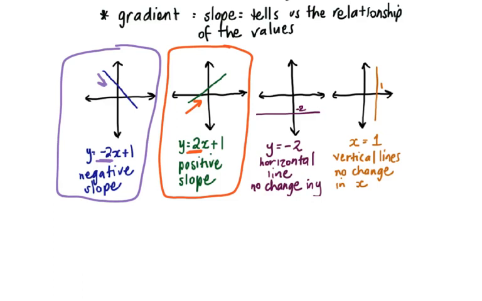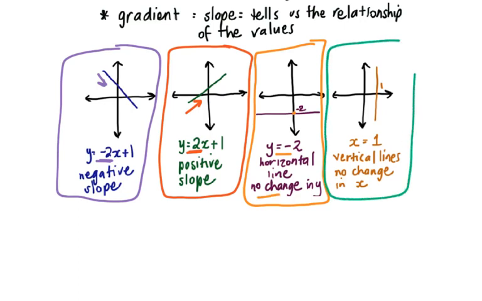Another type of linear graph is one that we call a horizontal line. And this is where basically the line goes through only the y-axis. So for this particular line, the equation is y equals negative 2, because the line only goes through negative 2 on the y-axis. And we describe this as no change in y values. And lastly, we have a vertical line.